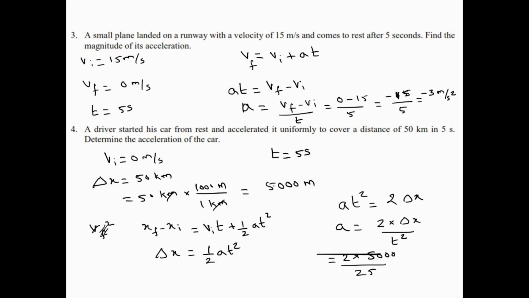Maybe I made some mistake here, because 50 multiplied by 1000 is 50,000, so I have to include one more zero. So 50,000 multiplied by 2 divided by 25 is 4,000 meter per second square. This is the answer for the fourth question.